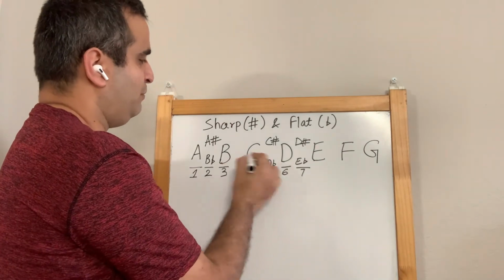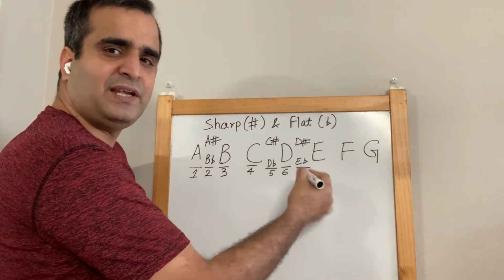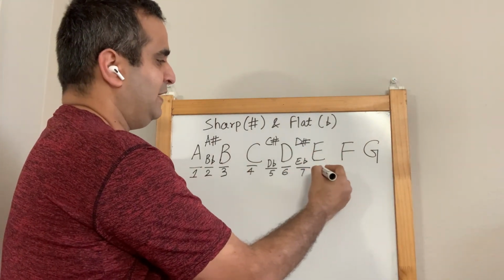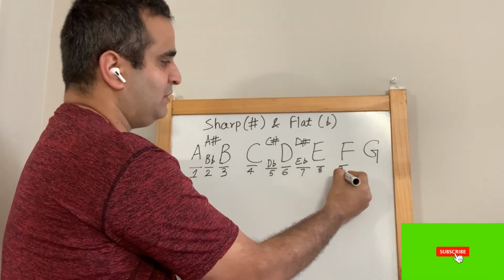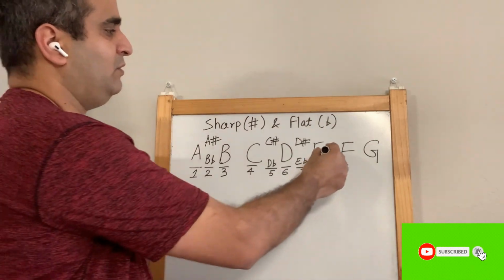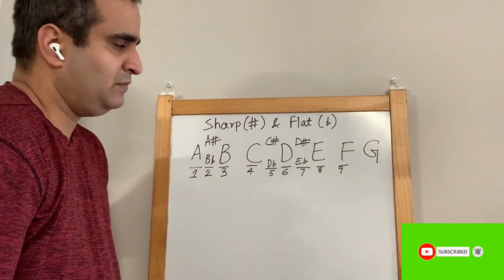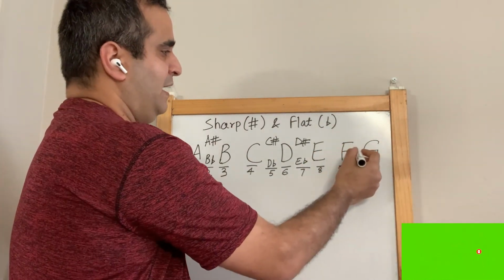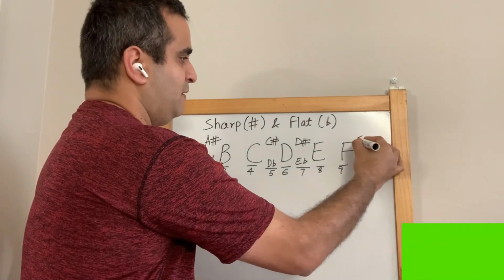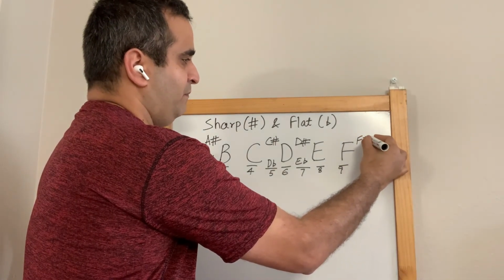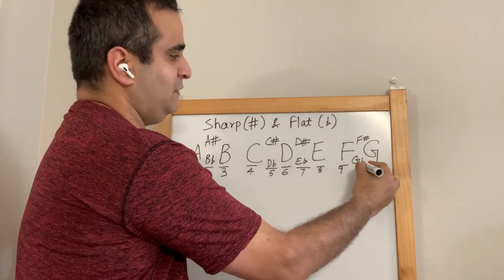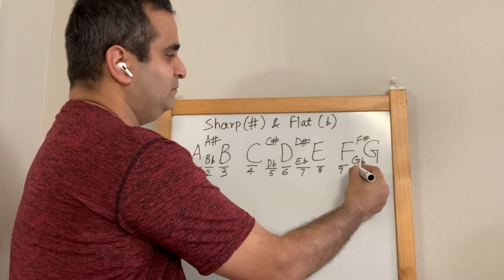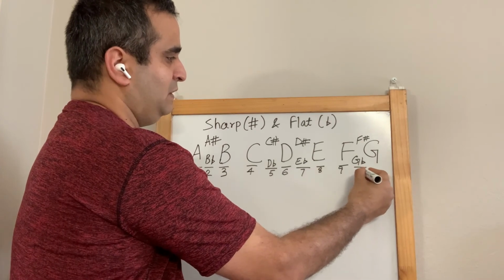Again, similar to B and C, there is no note between E and F. So I will call it 8, and this becomes our ninth note. So E and F do not have any note between them. F and G, yes, there is F sharp, or we can also call it G flat. This becomes our 10th note.